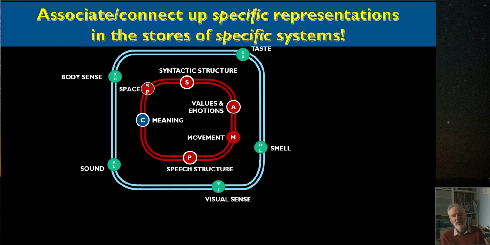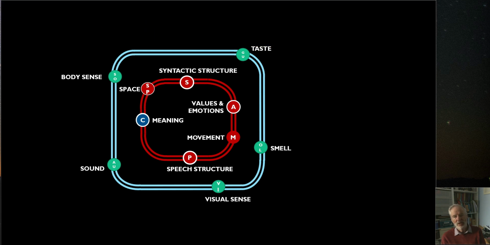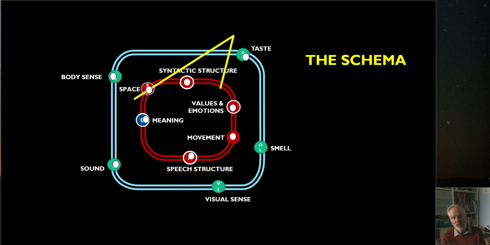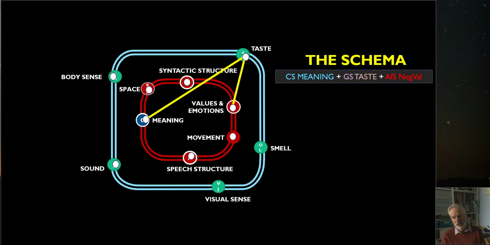So what we have to do is to associate or connect up different specific representations in the stores of specific systems. Let's put all those systems involved, let's put the actual representations in them. And let's try and build this schema up stage by stage, shall we, until we get what we might call a complete language schema.